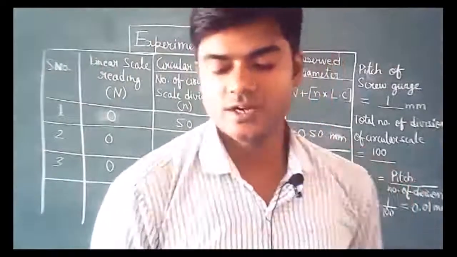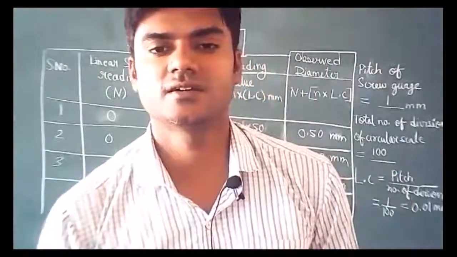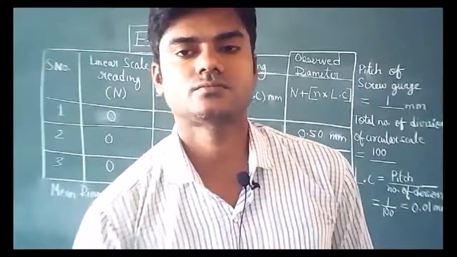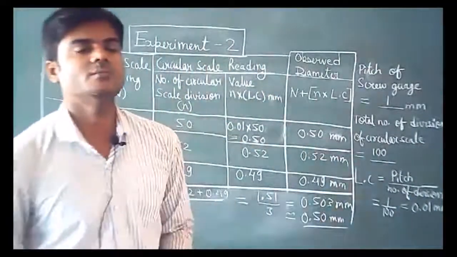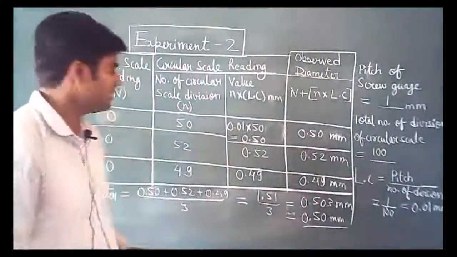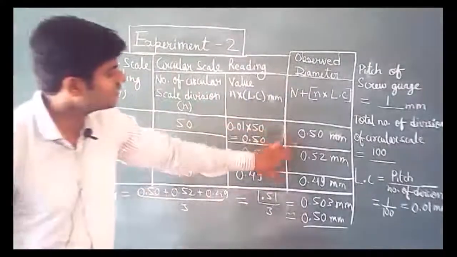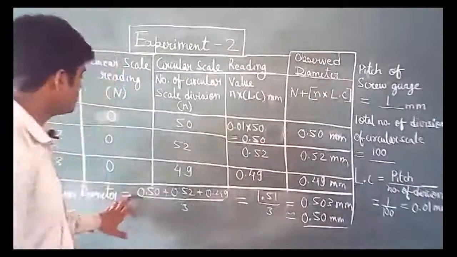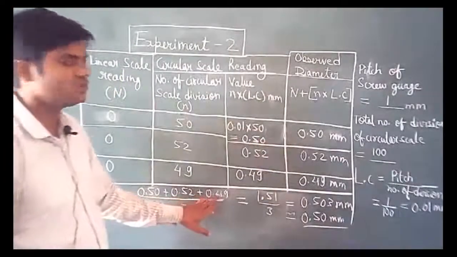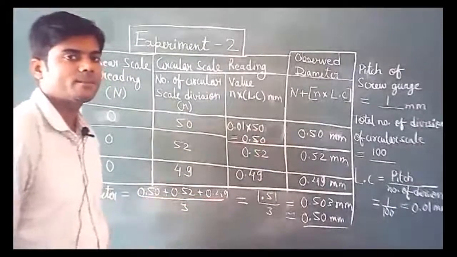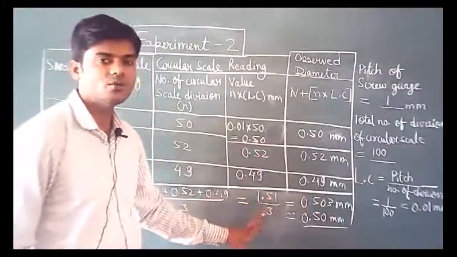So let us calculate the mean diameter also. As we know, the mean diameter is going to be the mean value of all these three readings. So 0.50 plus 0.52 plus 0.49 upon 3. We will get 1.51 upon 3.